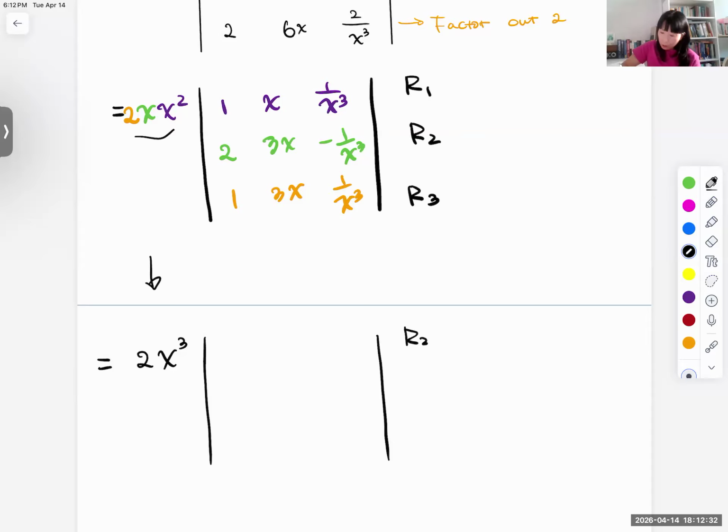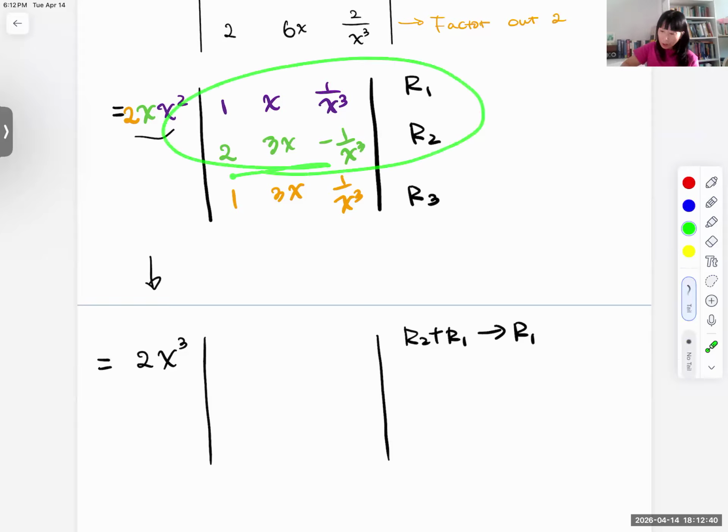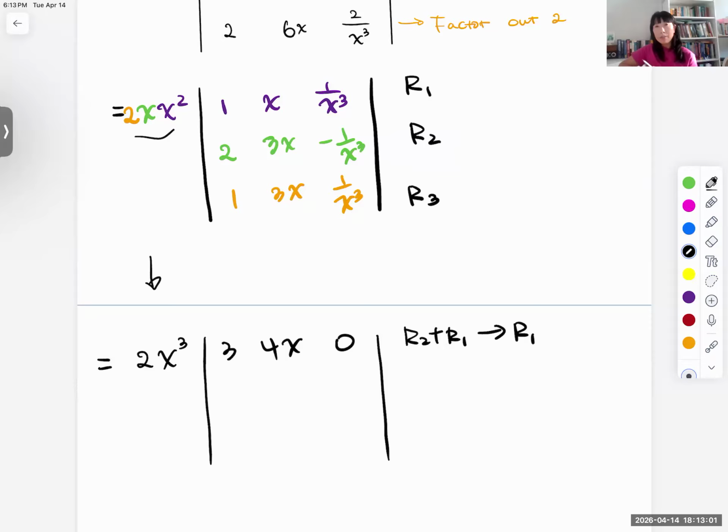Okay, now we're using row 2 plus row 1 to make row 1. Looking at that, row 2, and we add row 1 to make row 1. This is a 3, this is 4x, and this is 0, right? So 3, 4x, 0. Row 2, I just rewrite: 2, 3x, negative 1 over x to the third power.